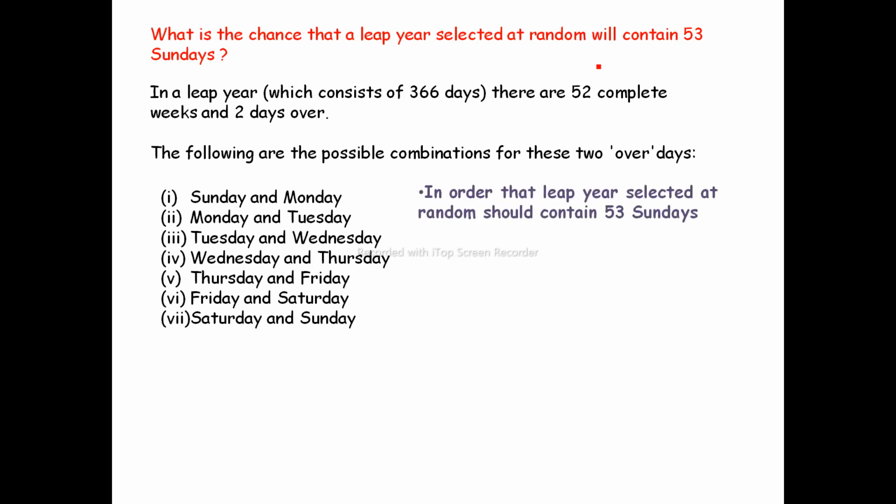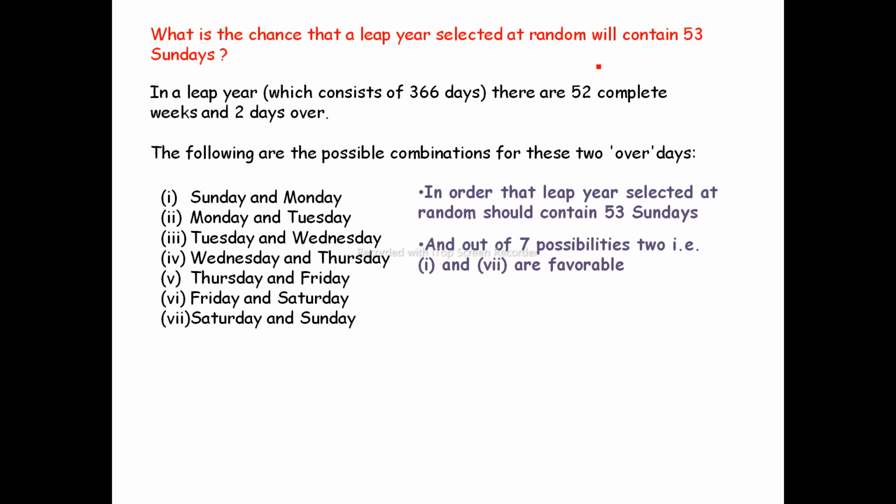Okay, so in order that a leap year selected at random should contain 53 Sundays, it should be Sunday and Monday or Saturday and Sunday. So we have got 2 favorable events out of 7 exhaustive events. How many exhaustive events do we have? We have got 7. And what are the favorable events?